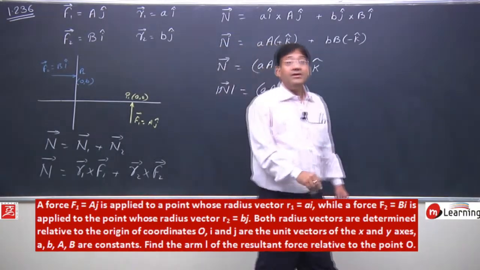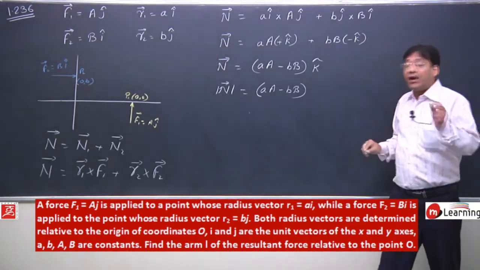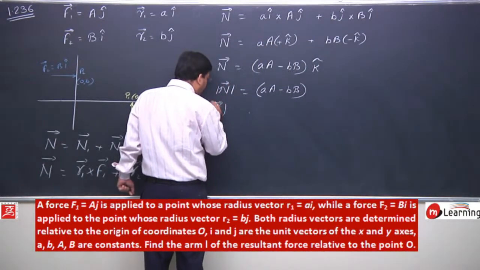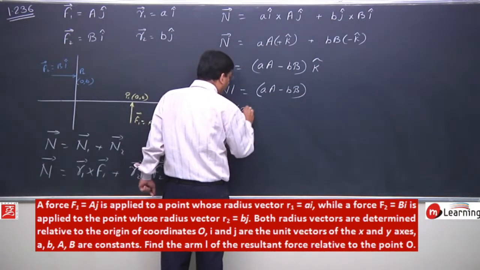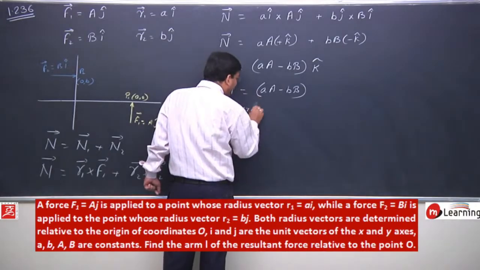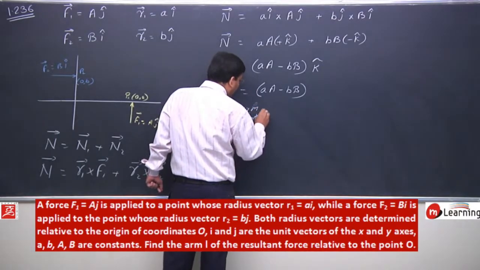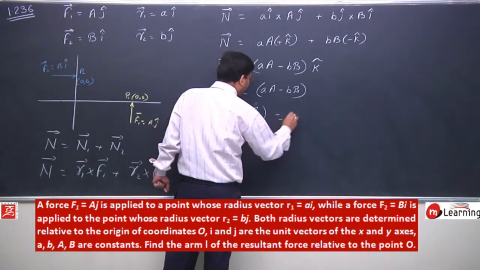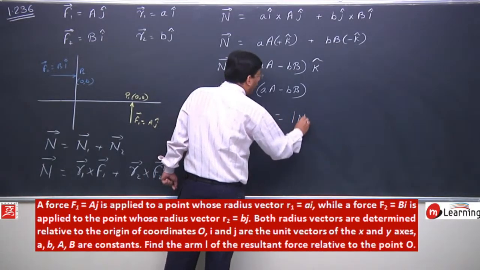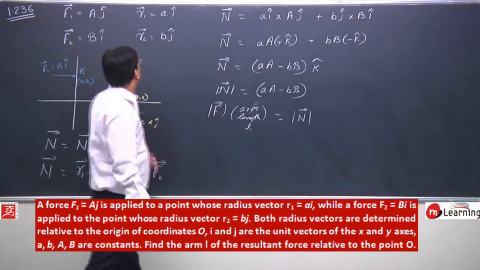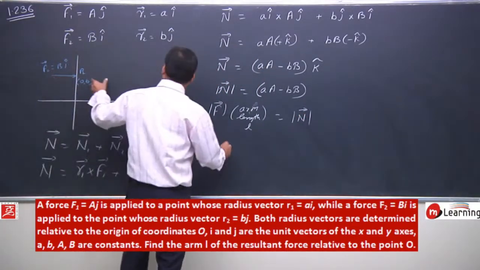There is a mod. Now, that asks for the arm length. How do you define arm length? Arm length is defined as mod of force into arm length L. Arm length L is equal to the mod of torque. Now, what is the mod of force? The forces are perpendicular.